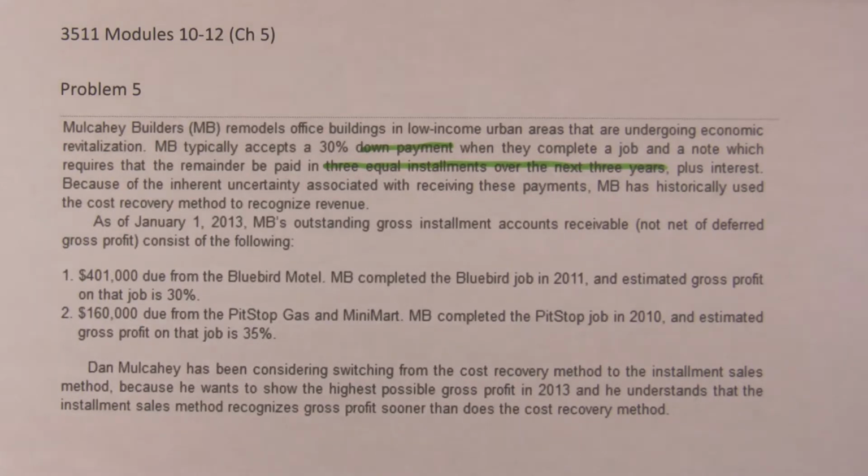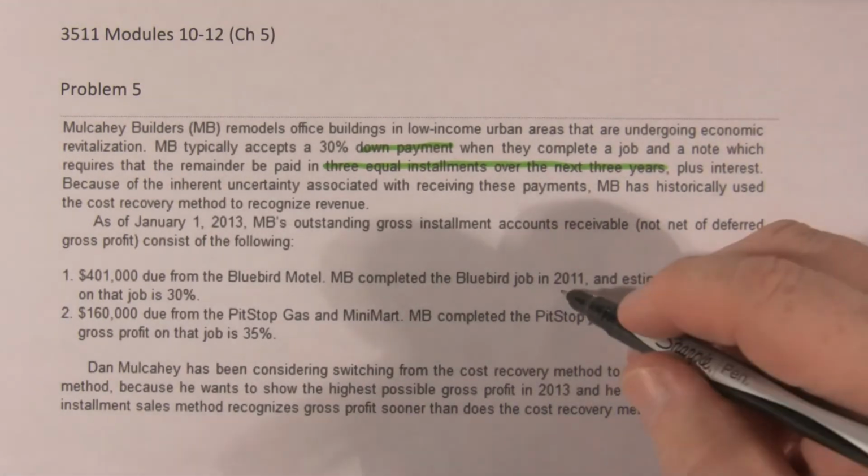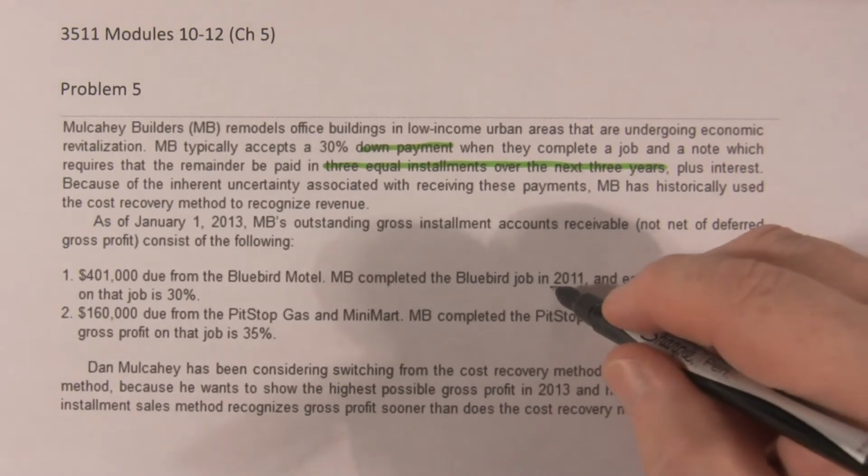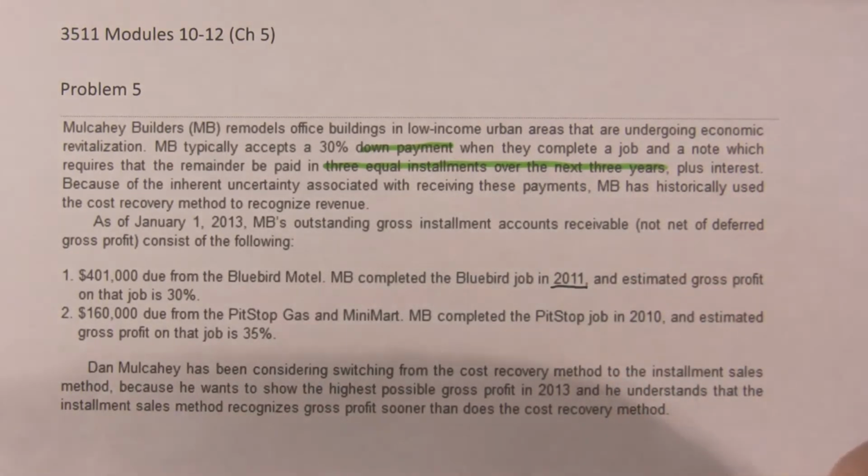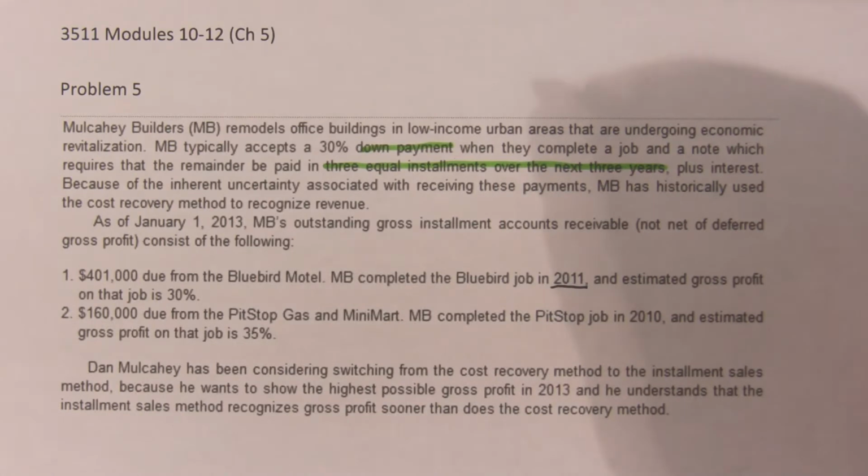Each time. So if we take a look at the Bluebird job, the first one they ask us to talk about, the Bluebird Motel, they owe us $401. Well, if they owe us $401, the job was finished in 2011. When it's finished, that's when we get a payment.